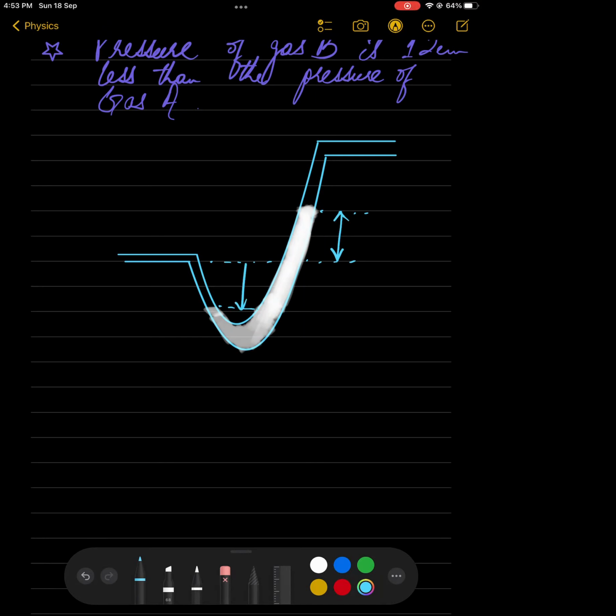Now, if you see, this is 9 centimeter and this is 9 centimeter as well. And from here, he was blowing in air. From the other side, he was blowing in gas A.